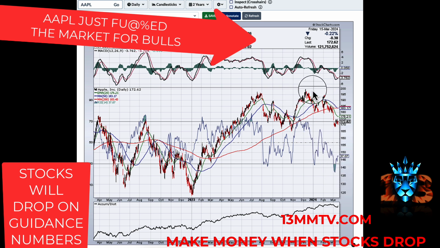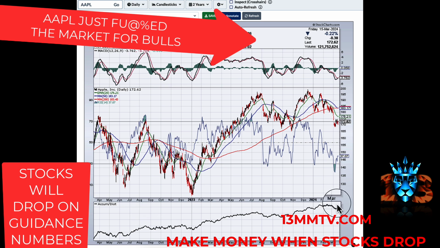So right now we're forming this head and shoulder formation. Head and shoulder formations, okay, that's where stocks, like there's going to be a point in time where Apple's just going to drop the fuck out here. And that drop is not going to be a one-day drop, it's just going to continue dropping. As you can see, even on this 2-year time frame, you got same message right here on the chart. You got the average is just about to make a death cross, okay?